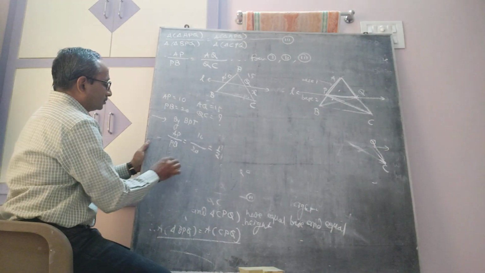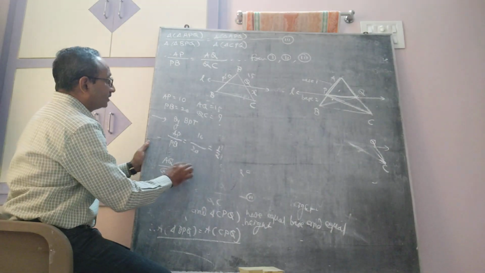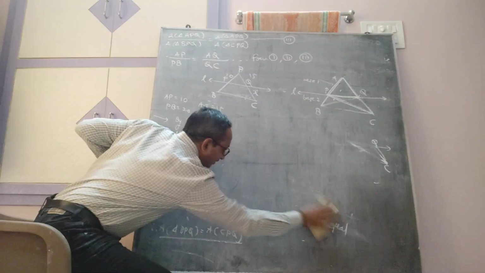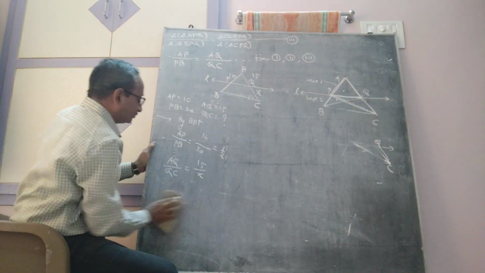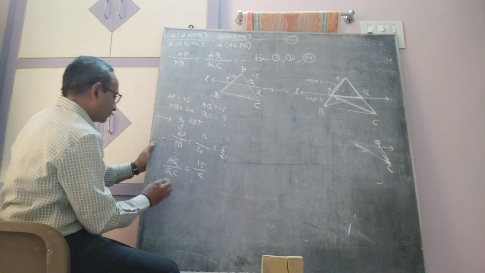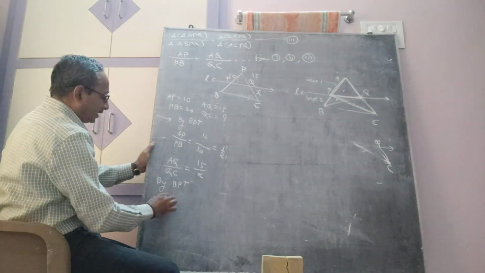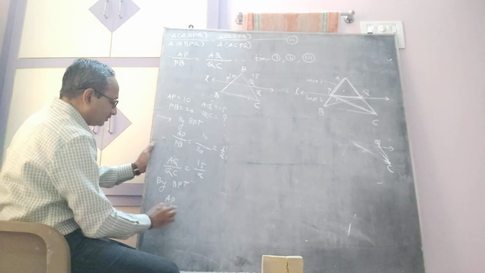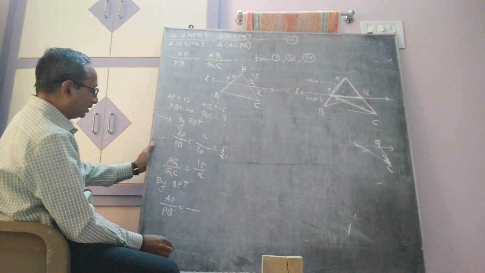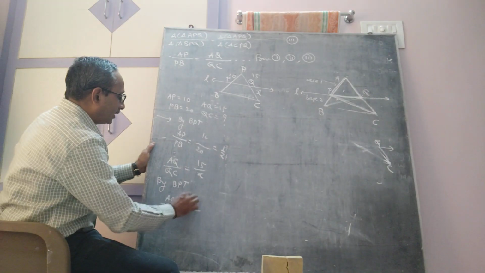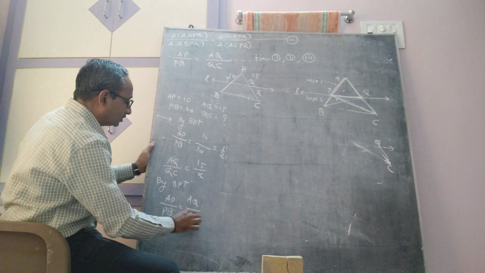AQ upon QC is equal to 15 by X. By BPT, AP upon PB is equal to AQ upon QC.